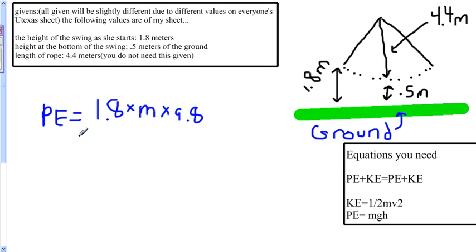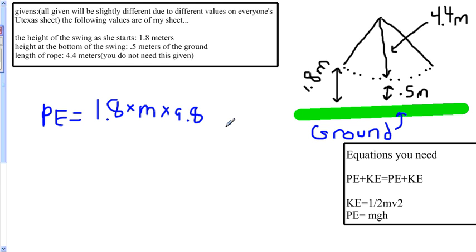Now, we also need to find the kinetic energy at the bottom, which is 0.5 meters off the ground. To find that, you need the KE at the top first. Since they aren't moving, it equals 0.